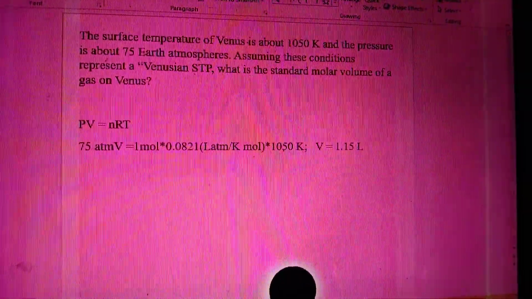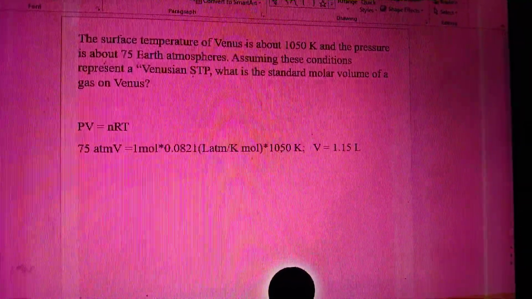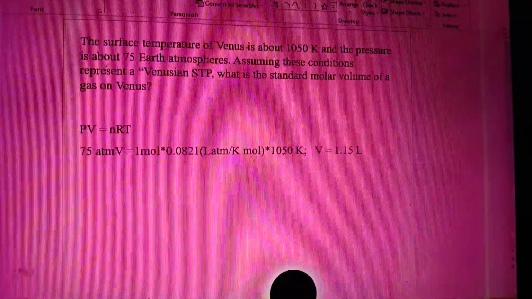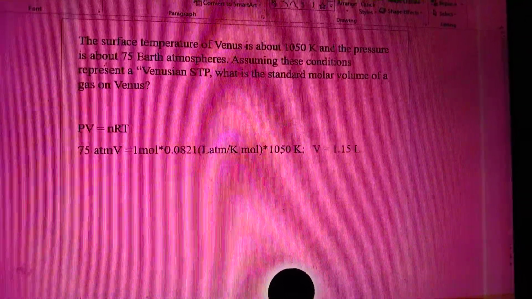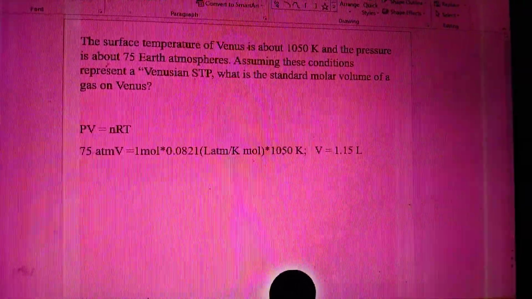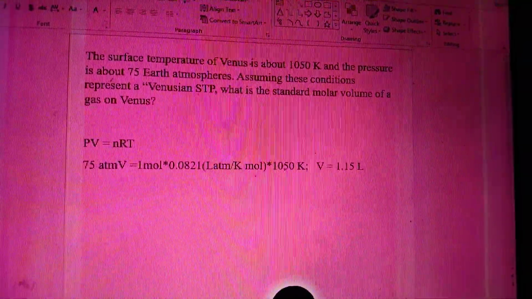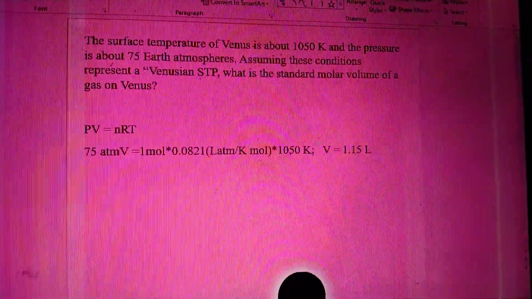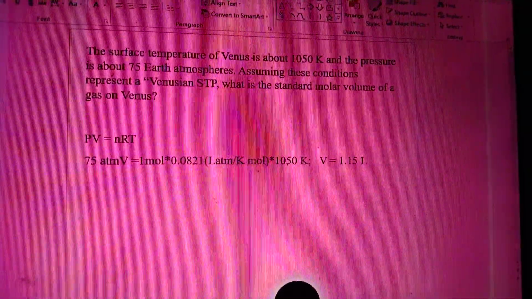The surface temperature of Venus is about 1050 K and the pressure is about 75 Earth atmospheres. Assuming these conditions represent a Venusian STP, what is the standard molar volume of a gas on Venus? So for gas on Venus, we have the formula 75 atm times V over 1.